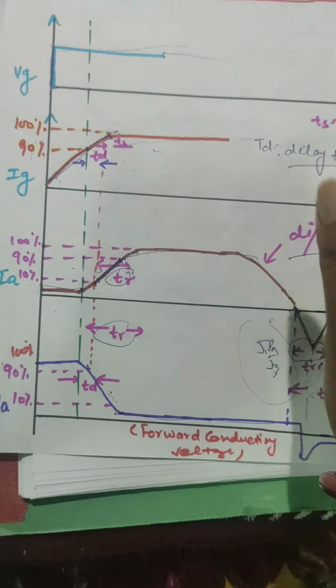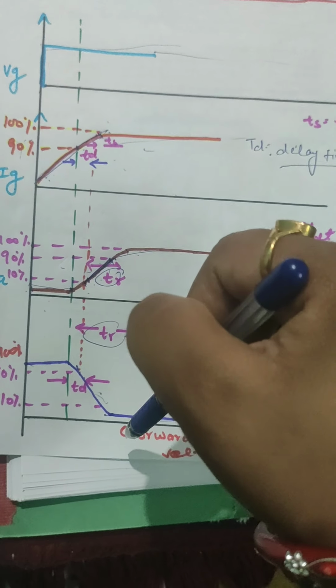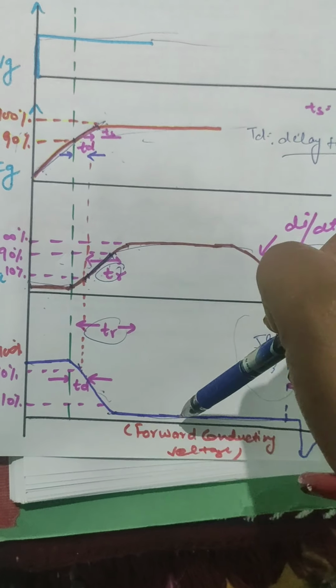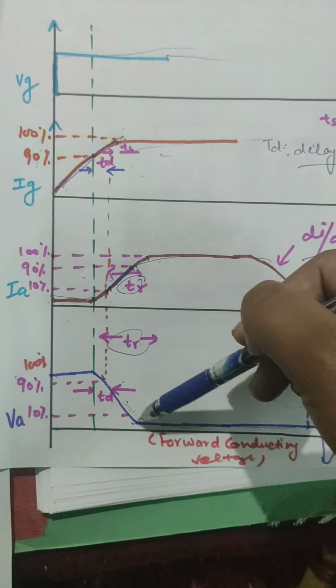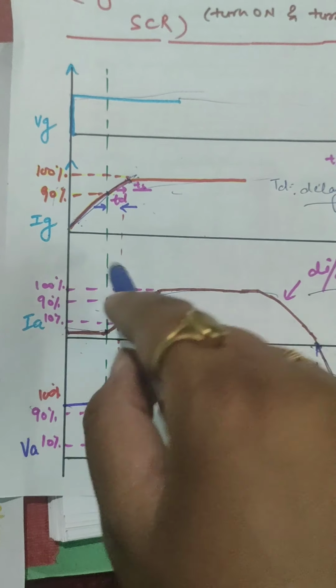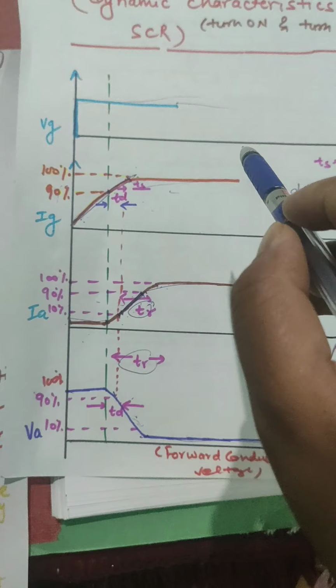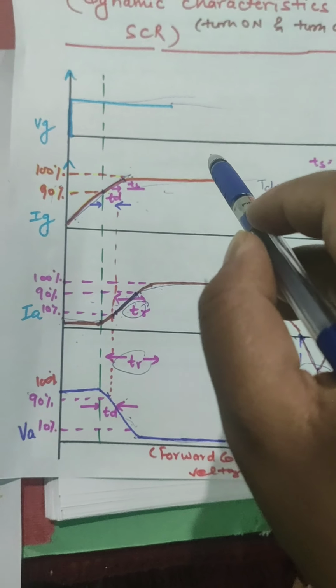Spread time is when VA decreases from 10% to the forward conducting voltage, and the anode current reaches 90 to 100%.